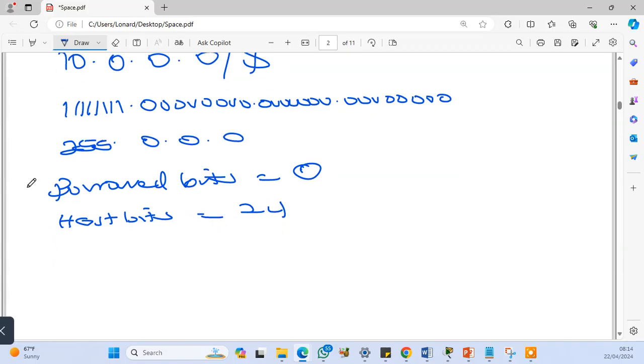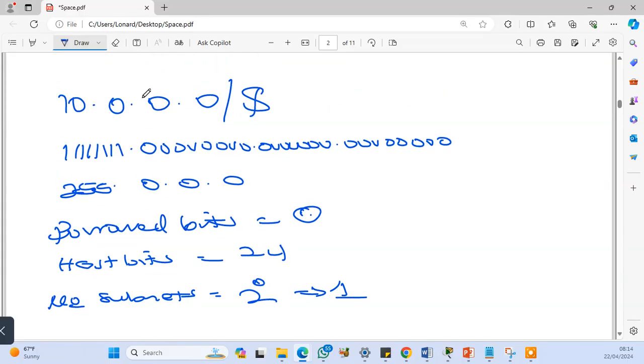The number of subnets equals 2 power borrowed bits. The borrowed bits we have is 0, which gives us 1. That means with this subnet mask, we'll be able to have only one subnet.